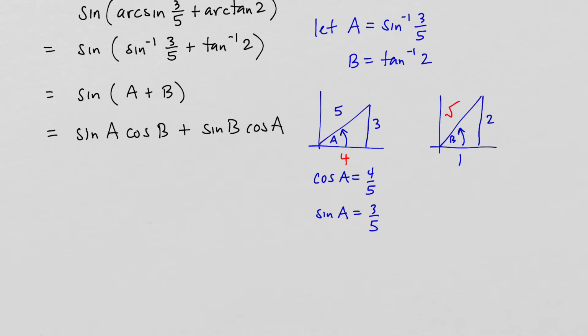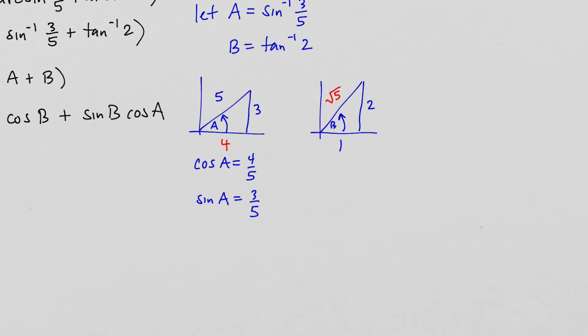When you do that, the hypotenuse will be the square root of 5. So remember that 1 squared plus 2 squared must be equal to the hypotenuse squared, and this is 1 plus 4 equals the hypotenuse squared, and that says the hypotenuse squared is 5, and of course that means the hypotenuse is the square root of 5.